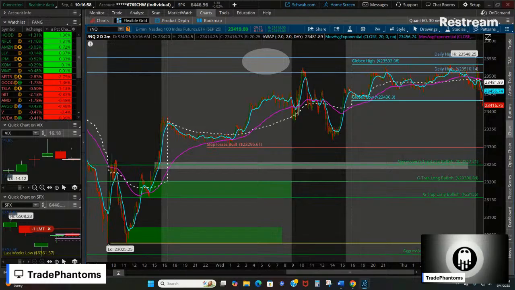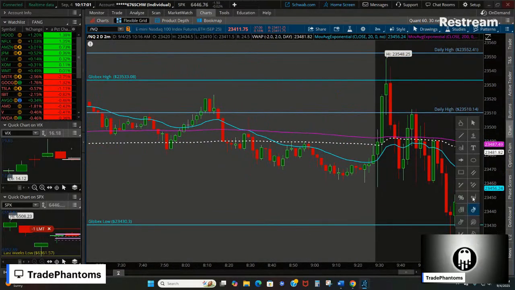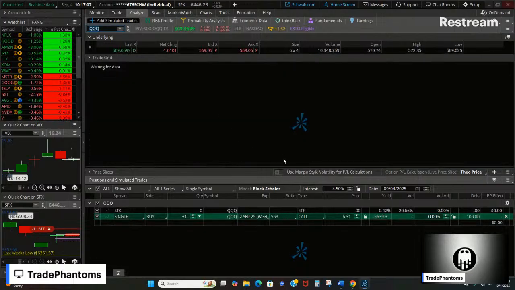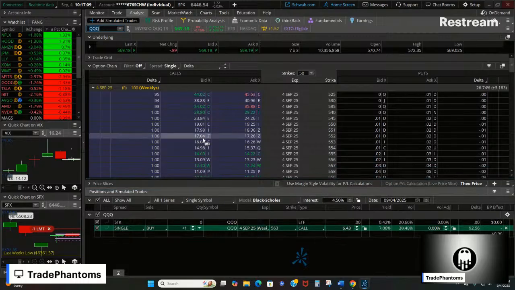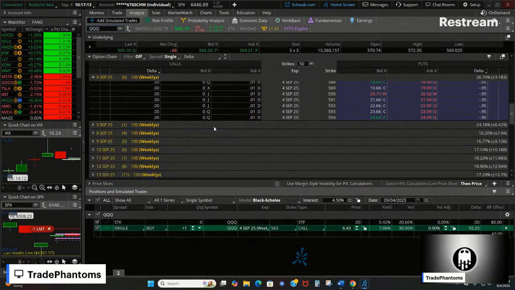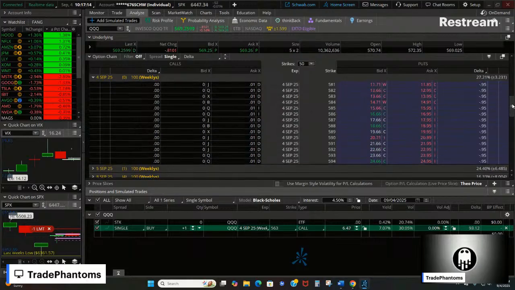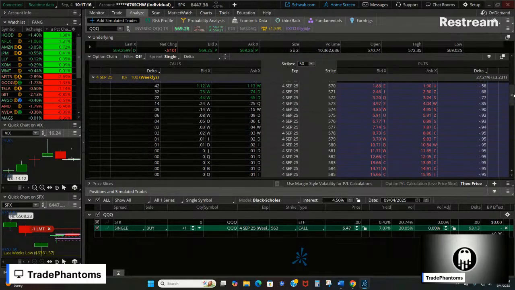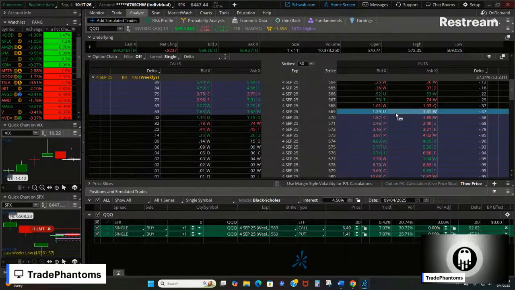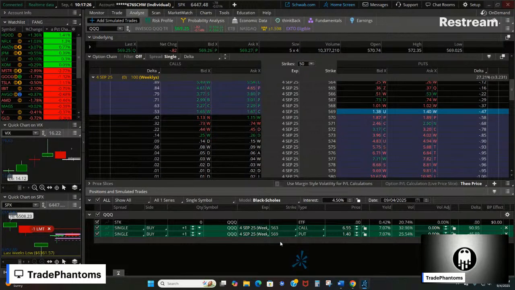All right, so below Globex low, you can work QQQ puts. So I pick up the 569 for $1.40.